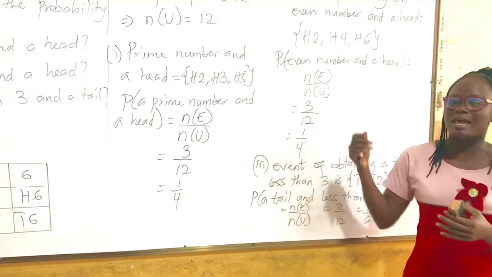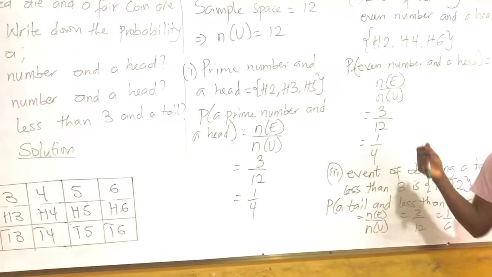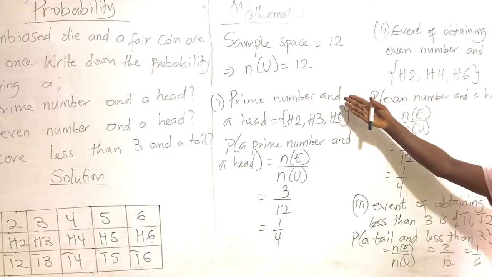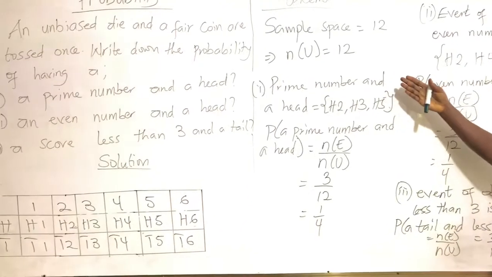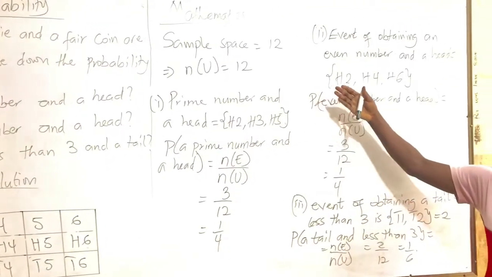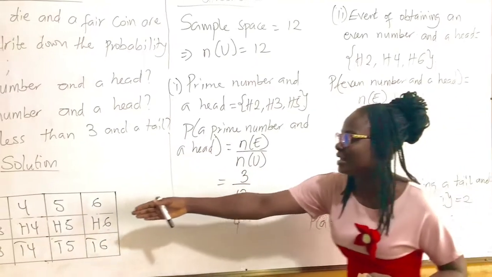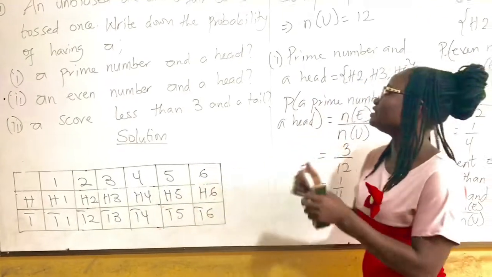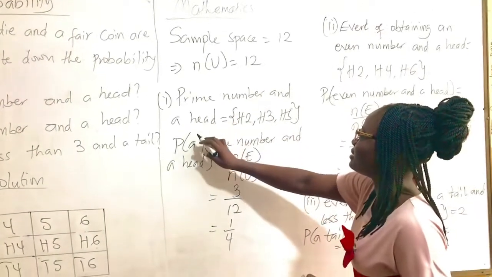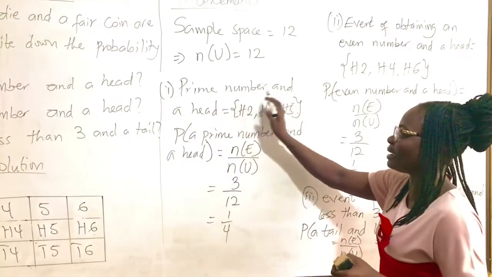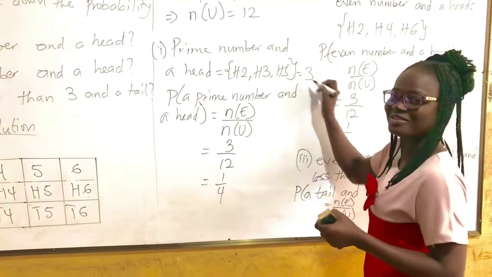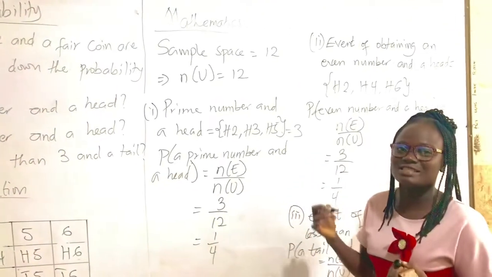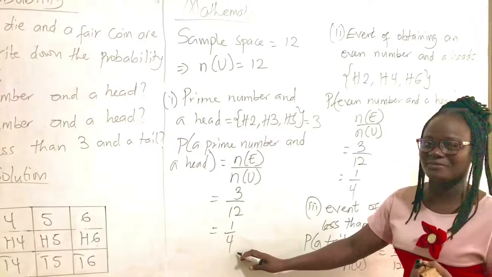Now the question that came was, find the probability of obtaining a prime number and a head. And that has been solved for us. A prime number and a head. So we had 1, 2, and 3, which is giving us the event. The event of obtaining a prime number and a head was 3. You now divide it by the total sample space to get your probability, and that has been done for us.